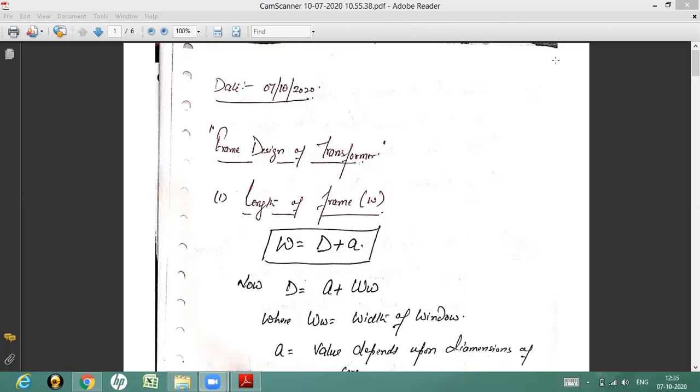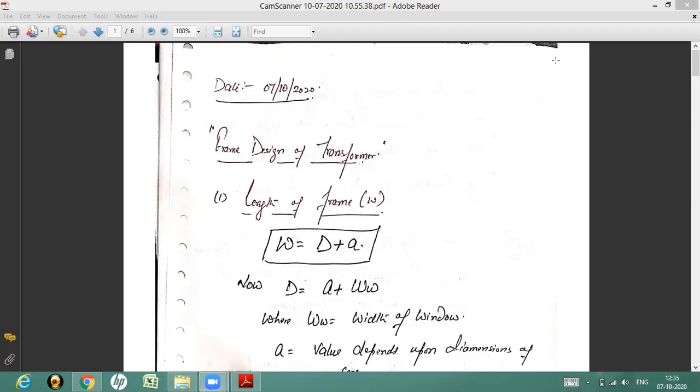Thereafter, we can calculate the area of the yoke. All these calculations come under the main dimensions, or the overall dimensions, or the magnetic frame design.